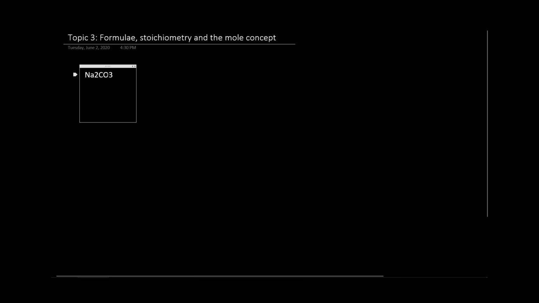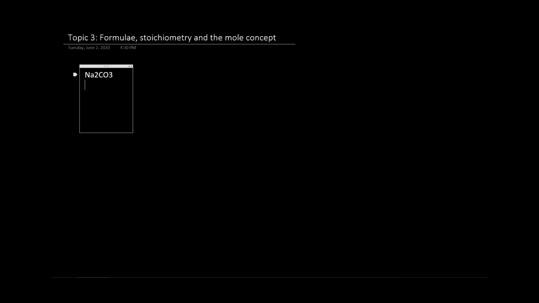What relative molecular mass or formula mass really means is that you add up the individual masses of each element, and the result you obtain is the relative formula mass or molecular mass of that particular compound.